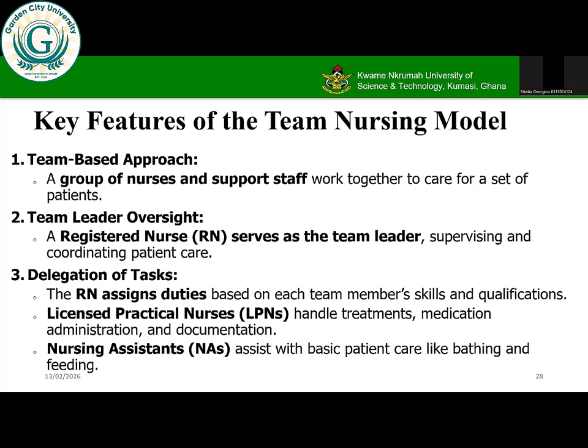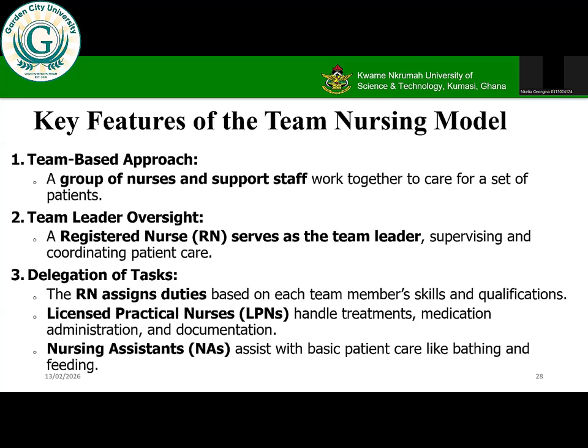Then we share our tasks, but there's a team leader here. For delegation of tasks, the team leader assigns duties based on each member's skills, needs, and qualifications. Then the other staff members handle treatment, medication administration, and documentation.